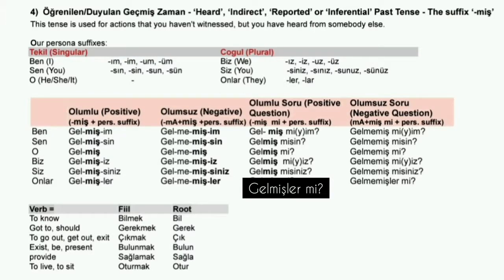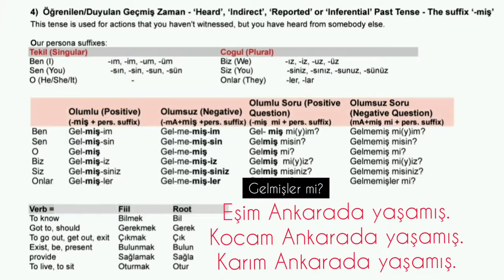You need to use mişli geçmiş zaman. Eşim Ankara'da yaşamış. Well, you can use my husband or my wife as well.